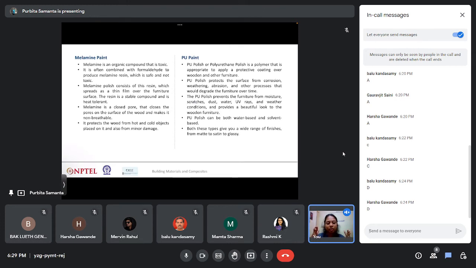We know wood is an organic substance, and how it can decay, or get affected by termites and other fungal attacks, we have already read.